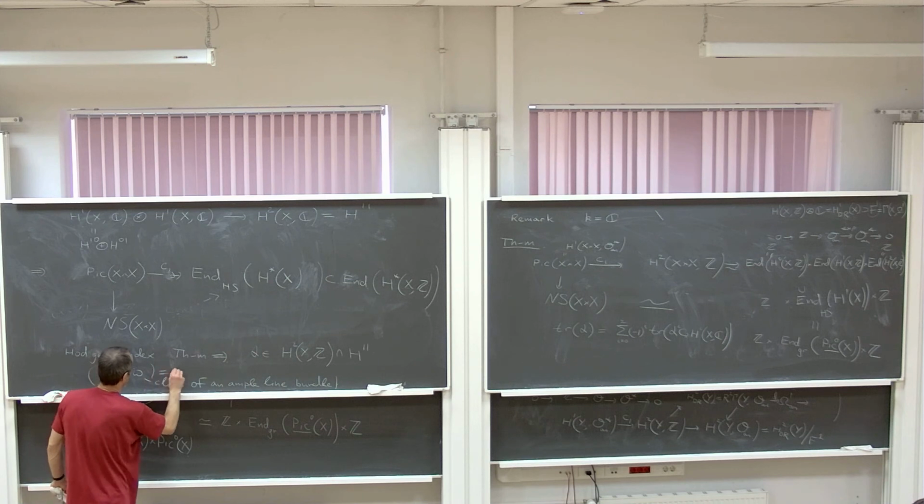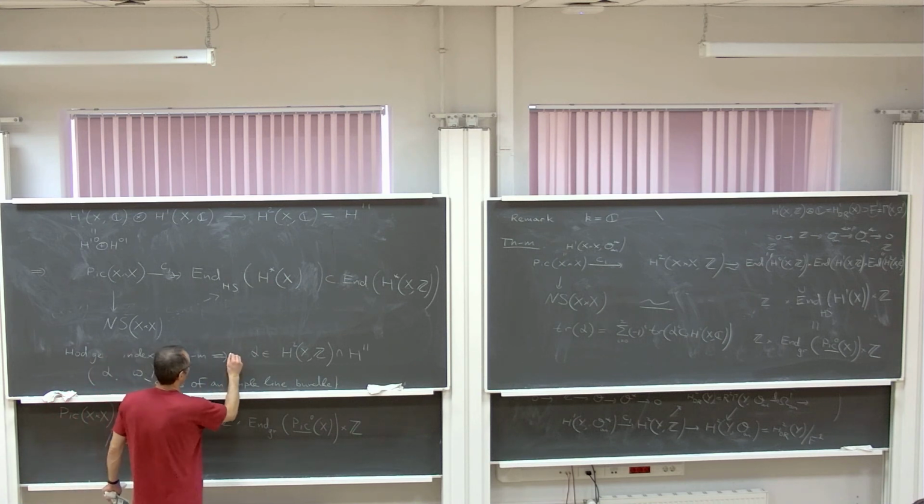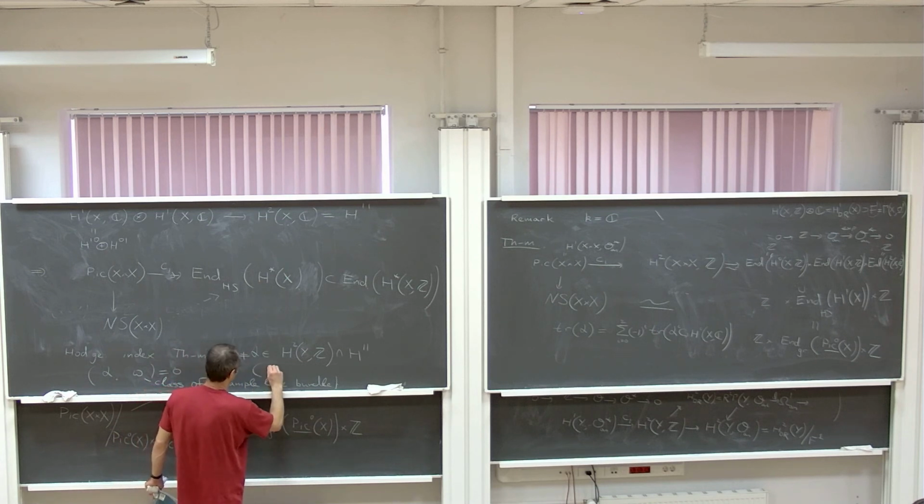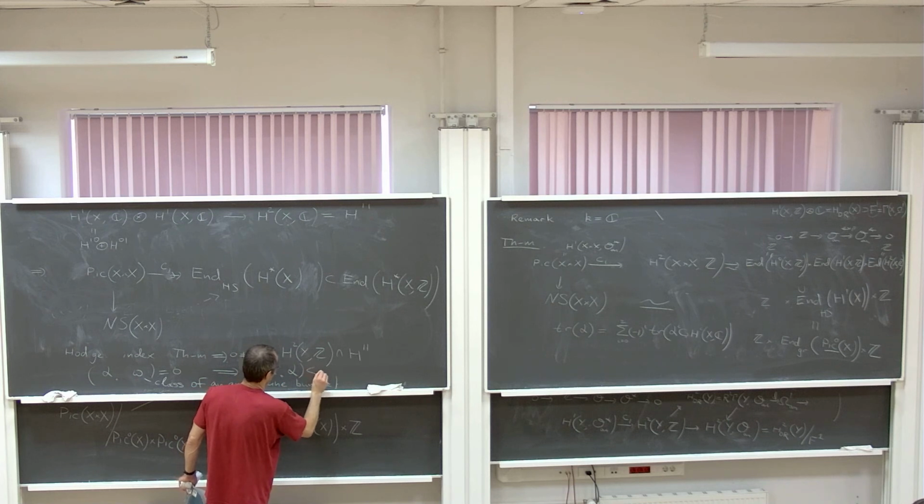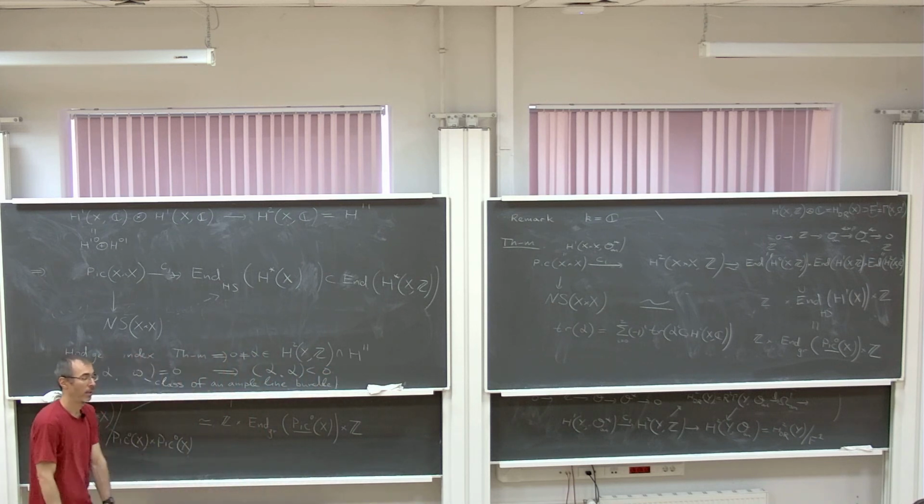So if this is 0, then it implies that alpha squared is non-negative. Yeah?